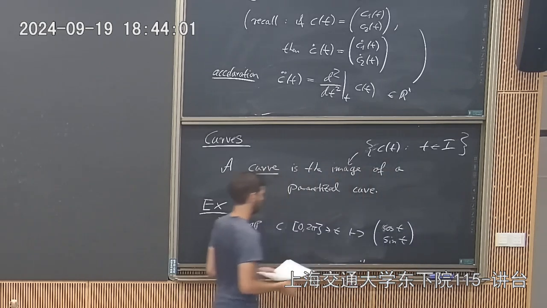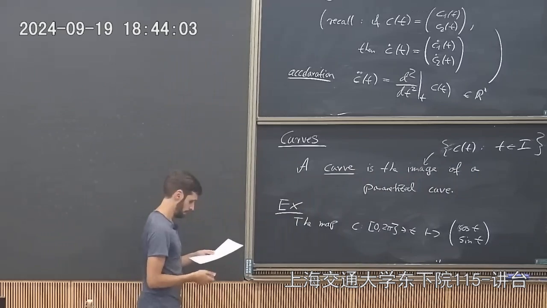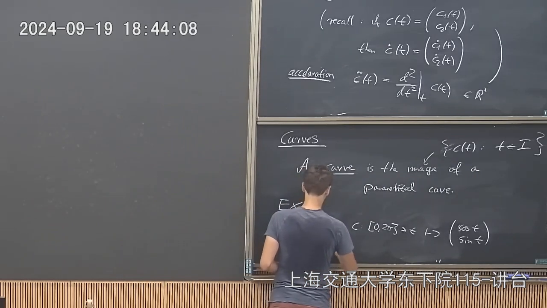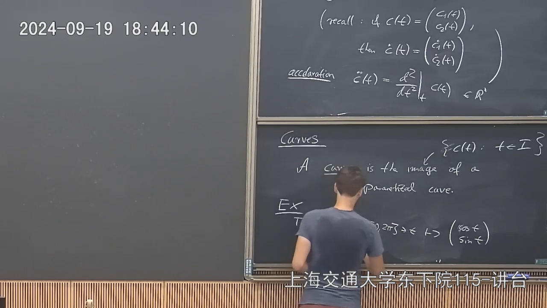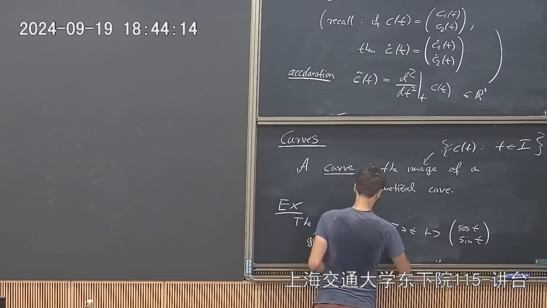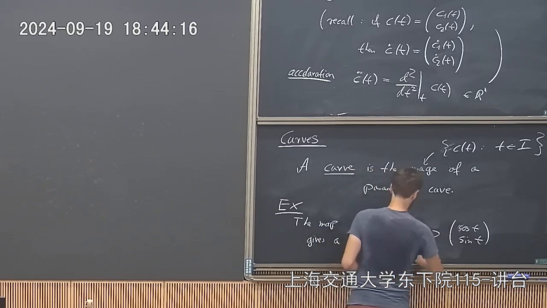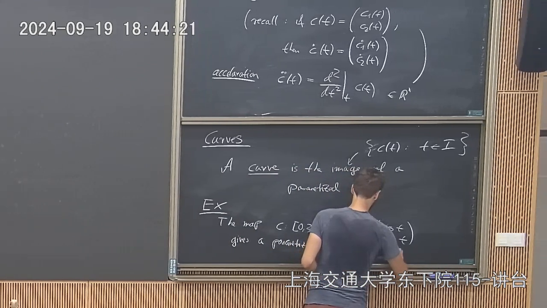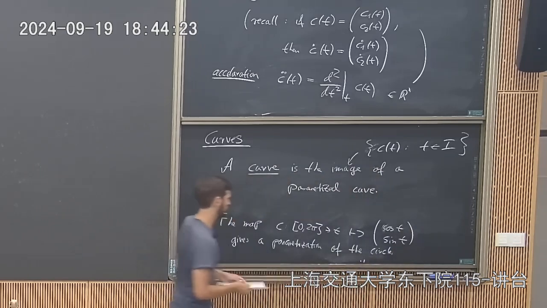So that would be a parameterized curve, and that gives you a parameterization of the circle, of course. So the geometric object is the circle.